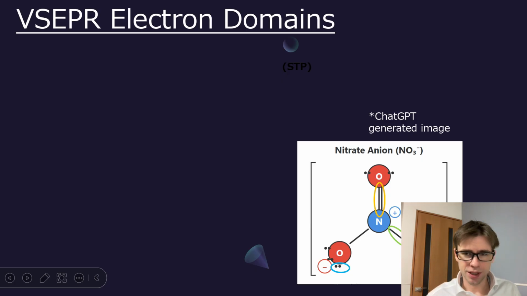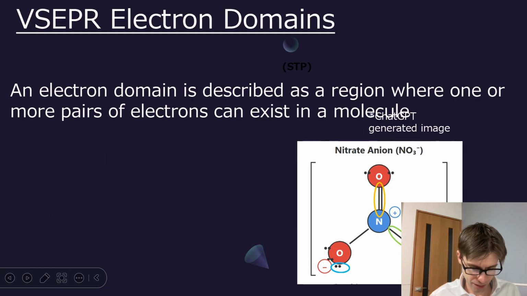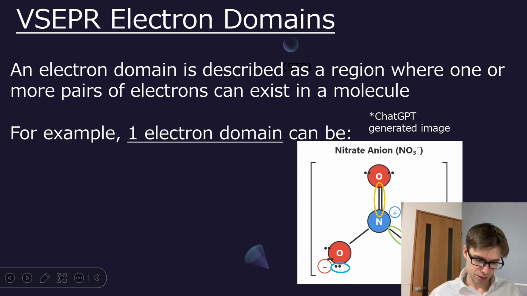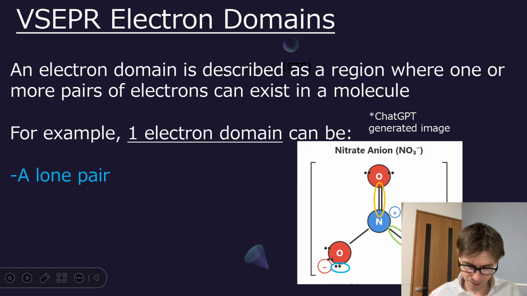So, VSEPR electron domains. This is an absolutely key thing to understand about VSEPR theory. What is an electron domain? An electron domain is described as a region where one or more pairs of electrons can exist in a molecule. So, for example, an electron domain can be a lone pair.